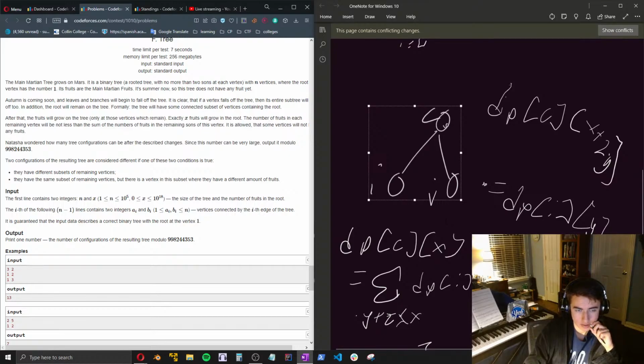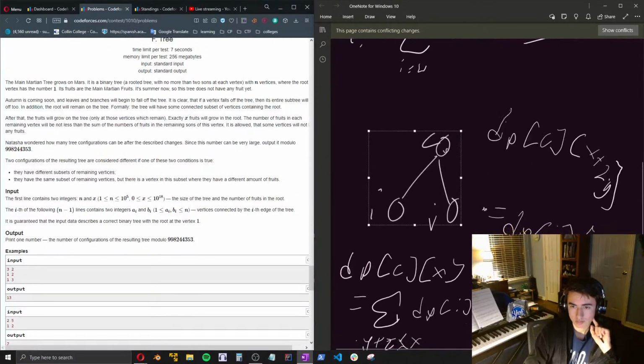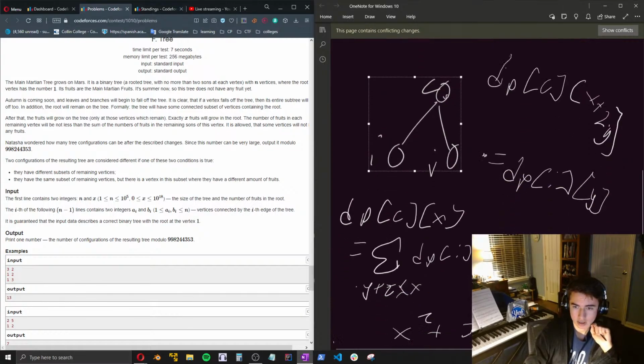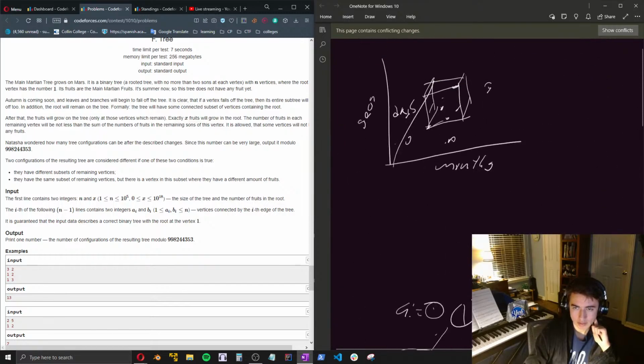It's a binary tree. I'm not sure. I'm pretty sure it'll be something with Lagrange interpolation, doing this polynomial stuff, but I can't figure out an exact idea.